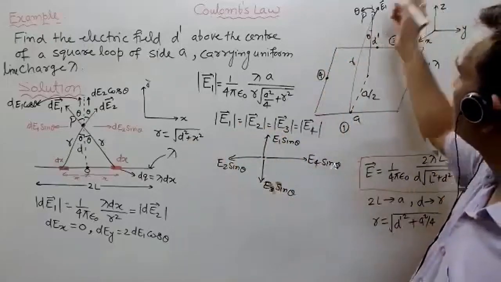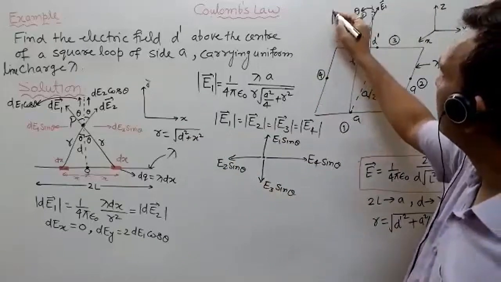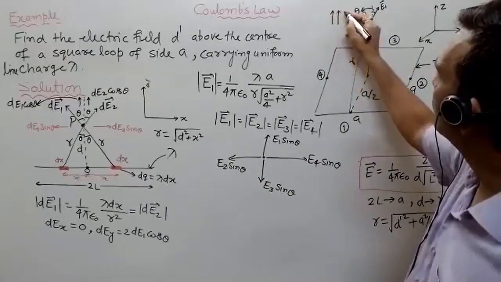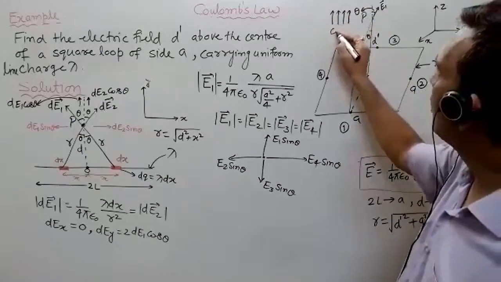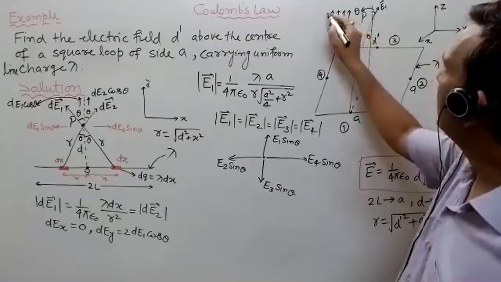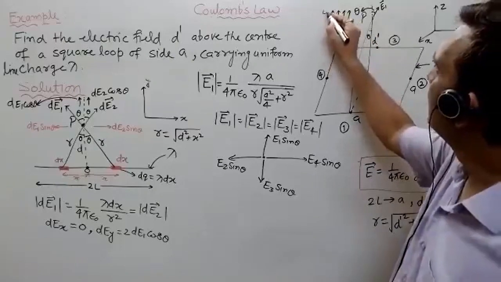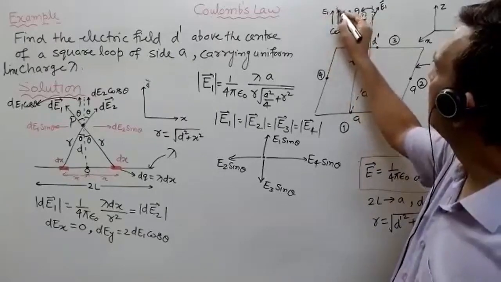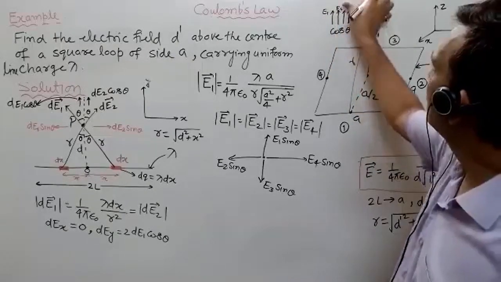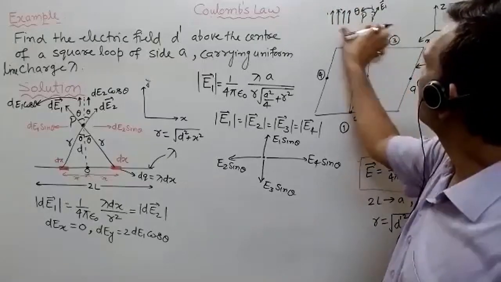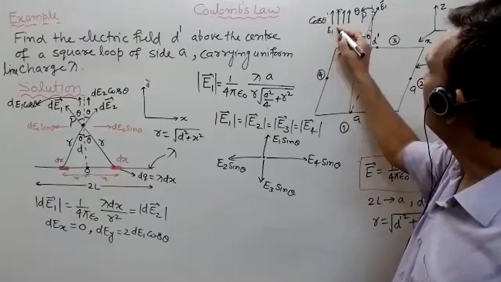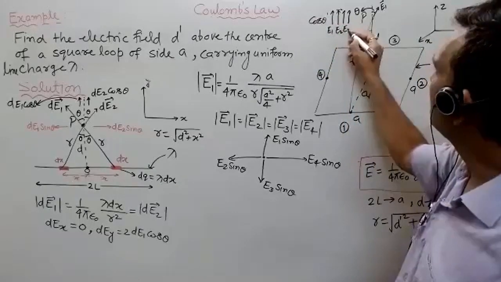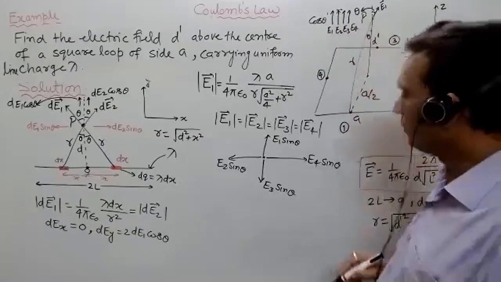But if you see along the Z direction, you have 4 components, 1, 2, 3, and 4. They all are cos theta components, and their magnitudes are E1, E2, E3, and E4.